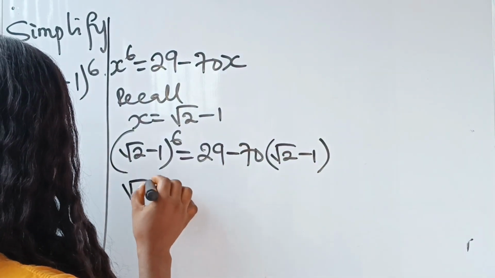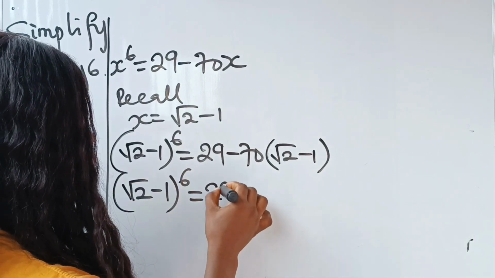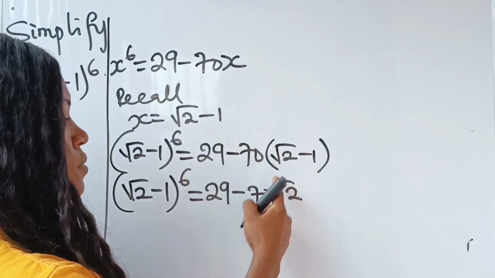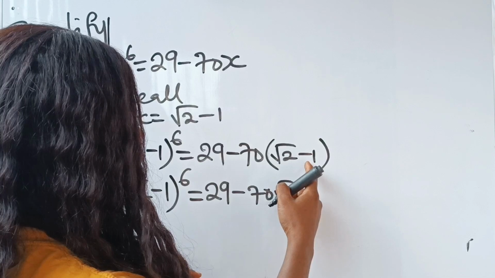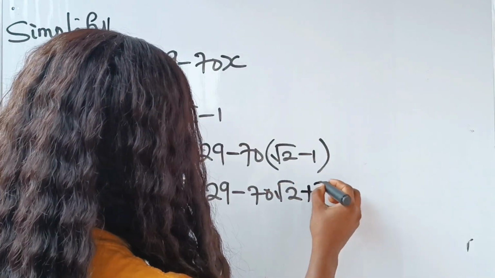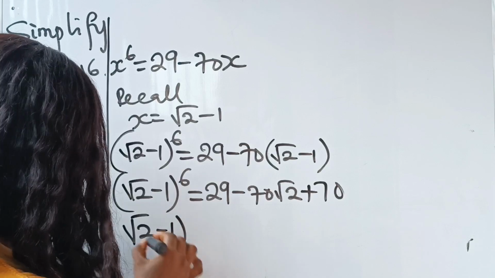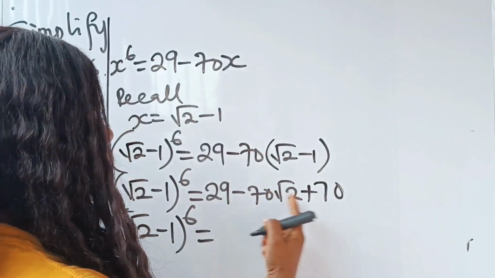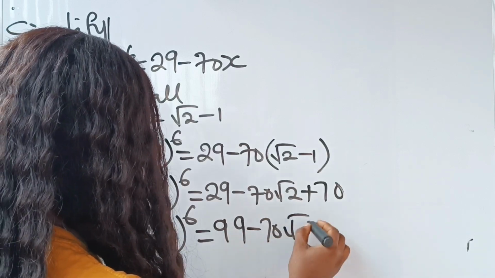So root 2 minus 1 to the power of 6 is equal to 29 minus 70 root 2, because 70 times root 2 is 70 root 2, and minus 70 times minus 1 will give us plus 70. So we have root 2 minus 1 to the power of 6 is equal to 29 plus 70 will give us 99 minus 70 root 2.